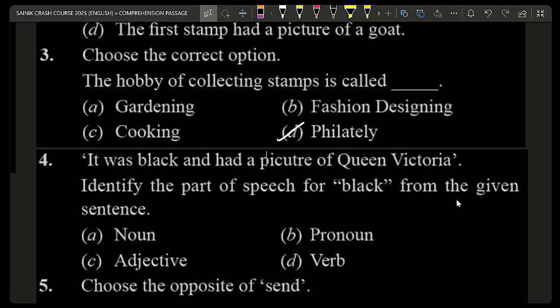Actually, noun is a naming word, and what is pronoun? Sir, a particular name. That is proper noun. I'm asking pronoun. What is pronoun? Pronoun is a word which is used in the place of nouns, right?